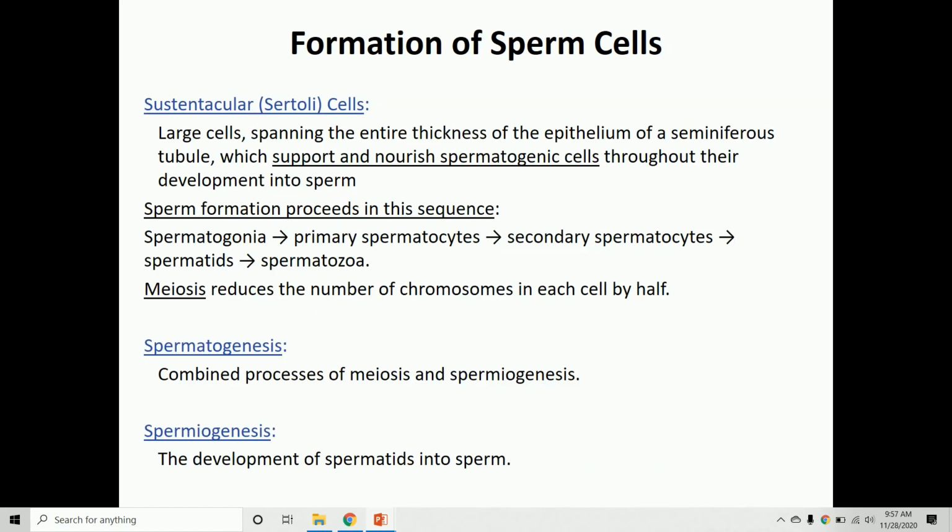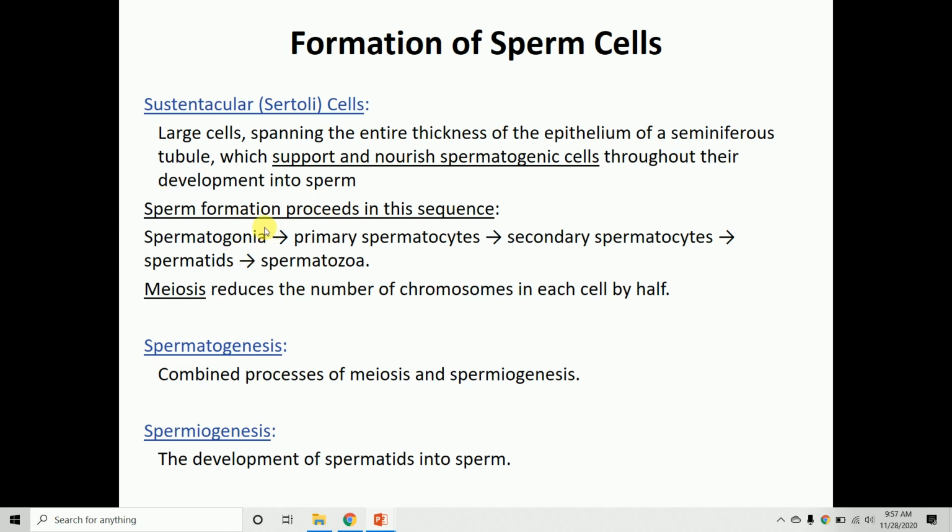Now for the formation of sperm cells or spermatogenesis, remember that the process is aided and supported by these sustenticular cells of Sertoli. They are there to support and nourish these spermatogenic cells as they go through the whole process. And the process starts with a spermatogonia.